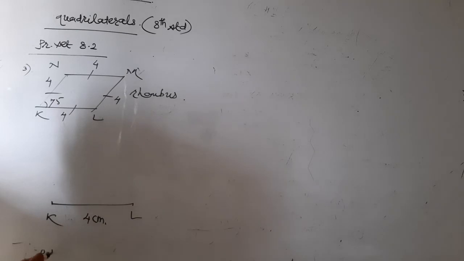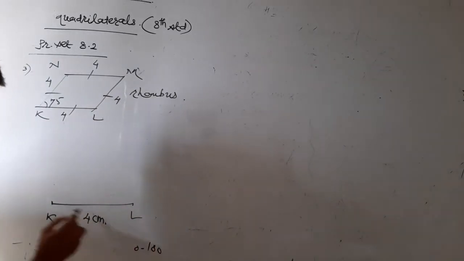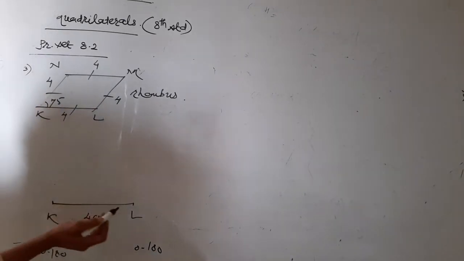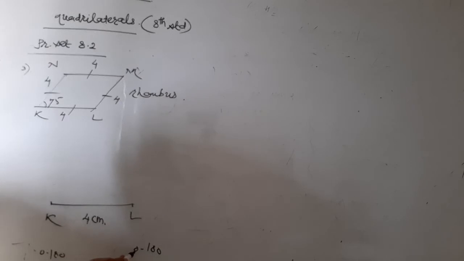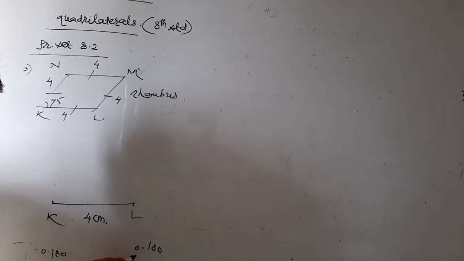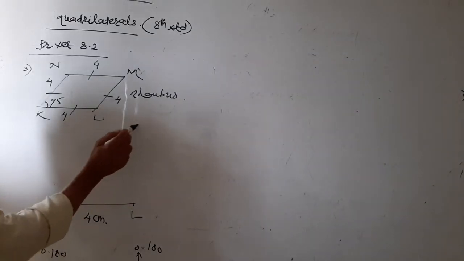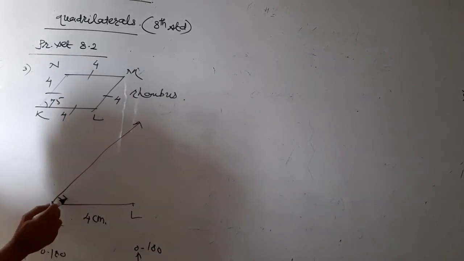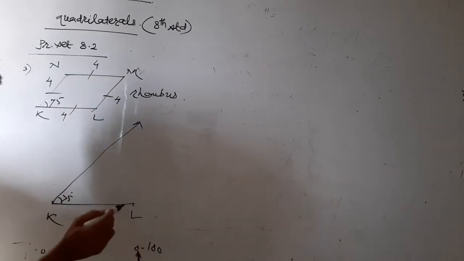So 0, 180. K is of 75. So the 0 of L is where? The 0 of L is inside. So from this 0, measure the angle 75. This one is 75.